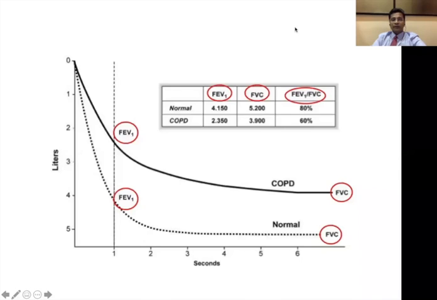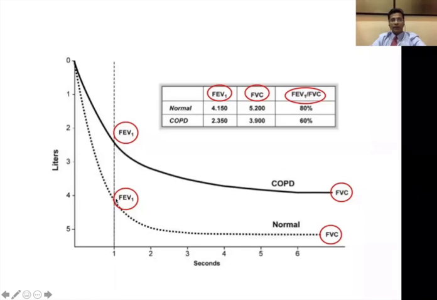If you look at spirometry in a normal person, you ask the patient to take a deep breath in and breathe out as hard as possible and as quickly as possible. The amount of air that is expelled in the first second is called FEV1, and the amount of air completely expelled is FVC.